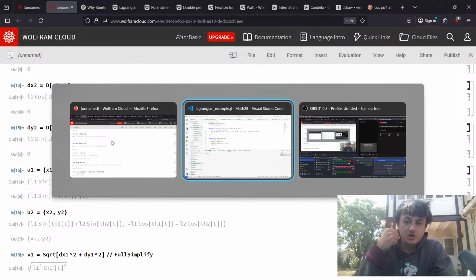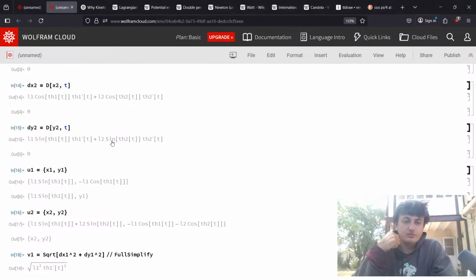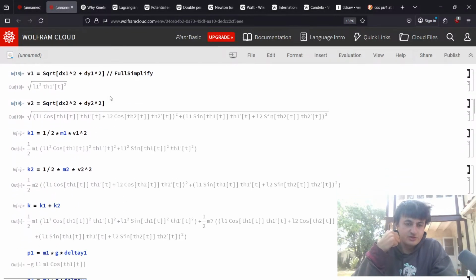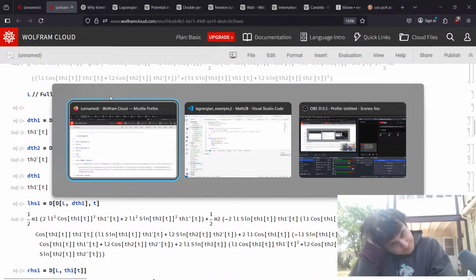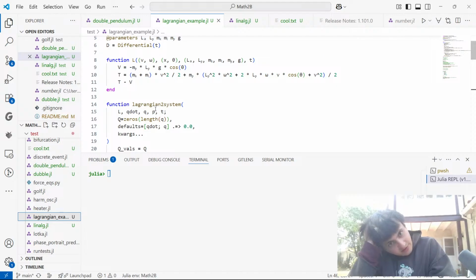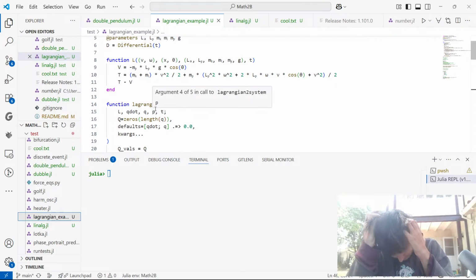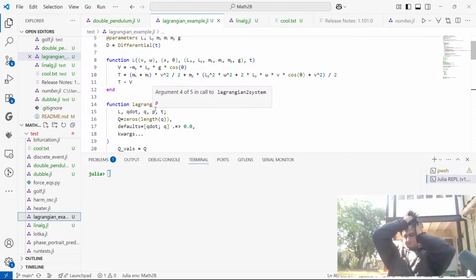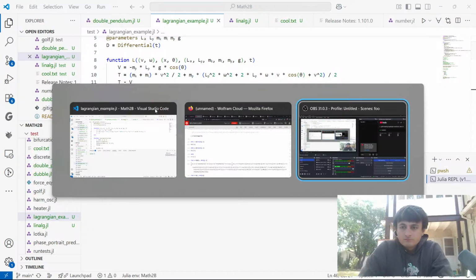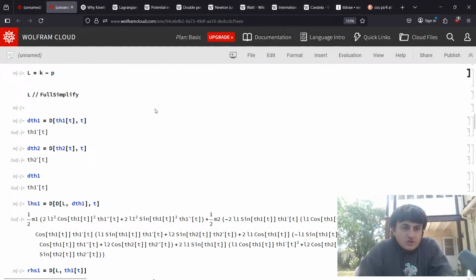Okay, once I have the Lagrangian that I know is correct, I'm probably not going to derive the equations of motion by hand. I'm just going to use them. And we're going to use this code that I found. What is going on, though?